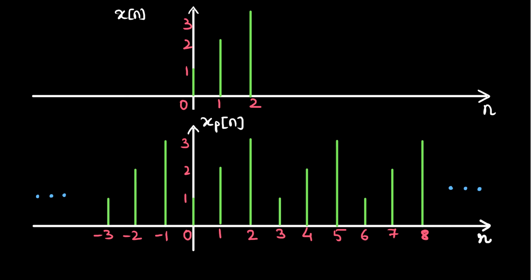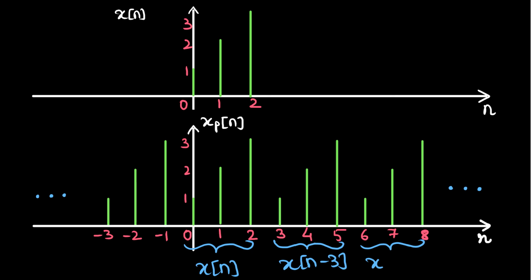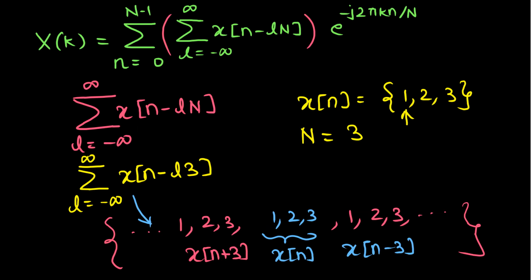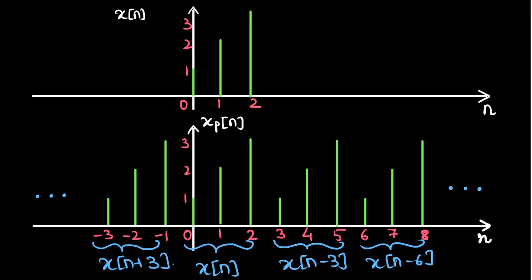So we have x of n here, then this is x of n minus 3, then this portion here is x of n minus 6, and so on, and this portion here is x of n plus 3. So we can see that the x of n is repeated at every integer multiple of n, and the same thing is basically observed here.